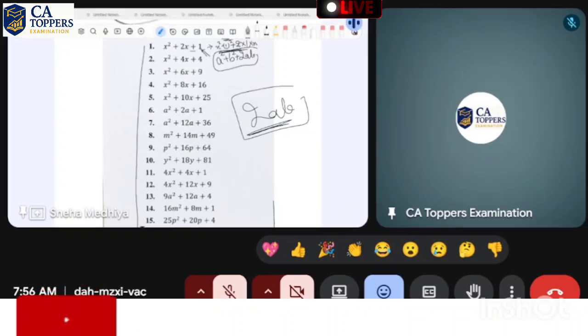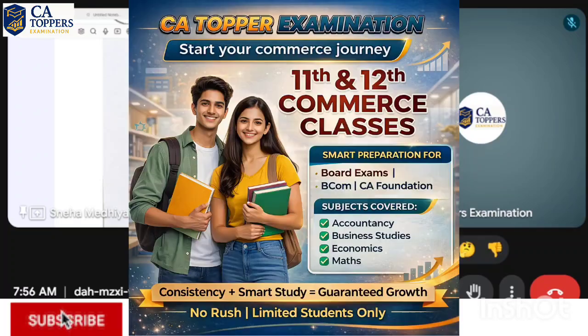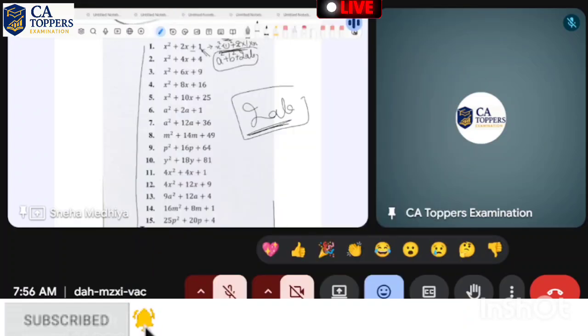Yes, I'm checking them. You have written them absolutely correct. In exam, just we need to put the identity in this also.